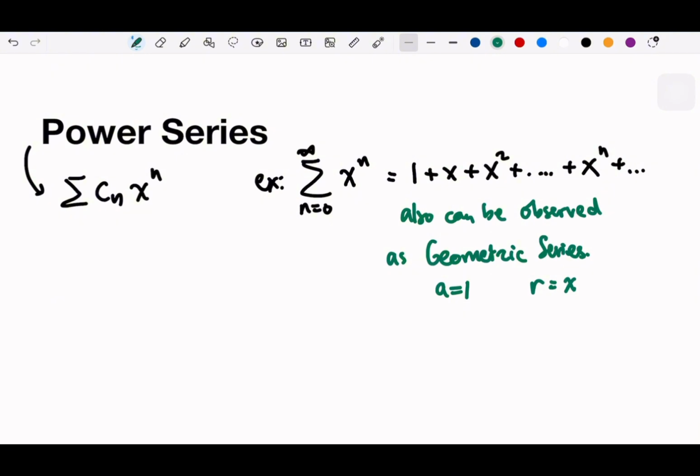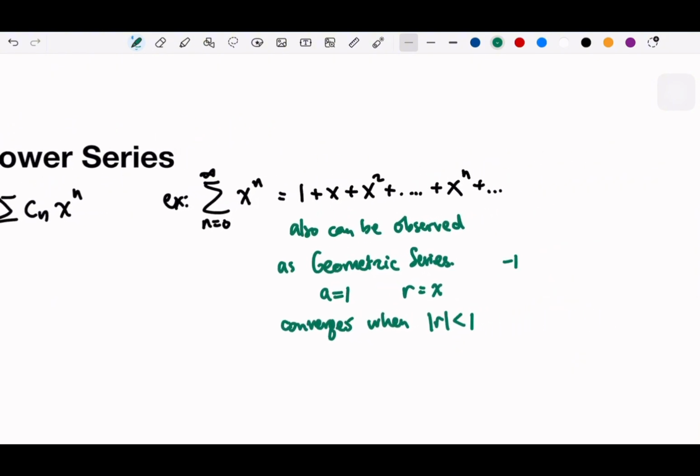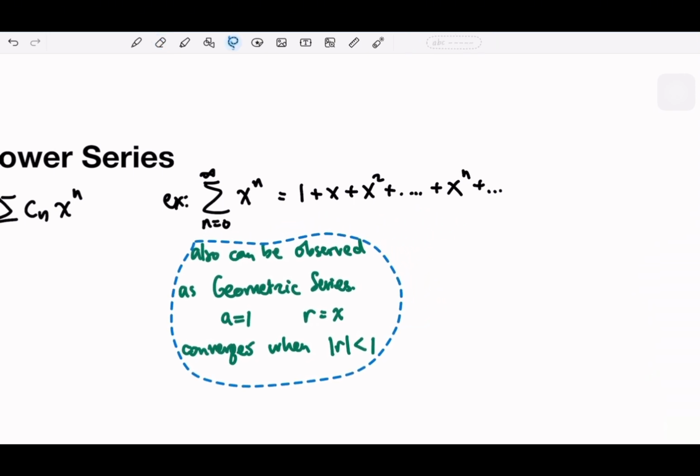With a is 1, and then the ratio is x. And then we know that this will converge when the absolute ratio is less than 1, or in terms of x, the absolute value of x is less than 1.